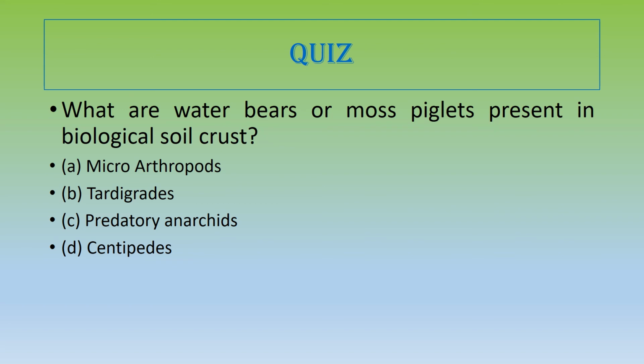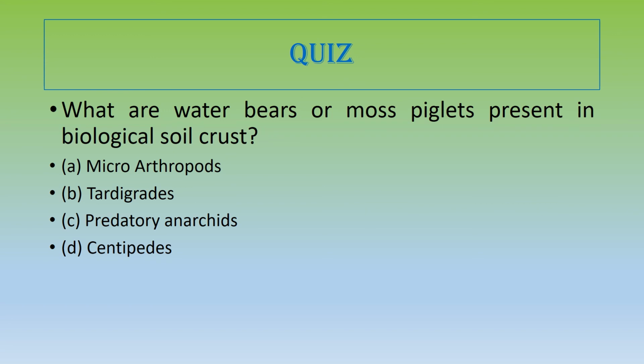This state of zero metabolism during extreme adverse conditions is called cryptobiosis, where metabolism is completely stopped or slowed down in animals under adverse conditions.